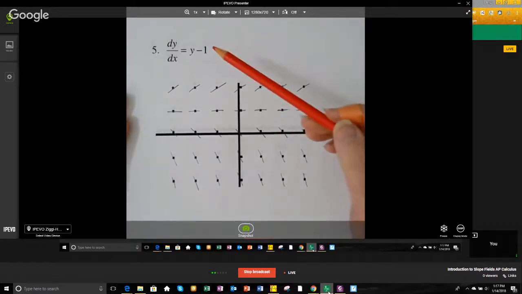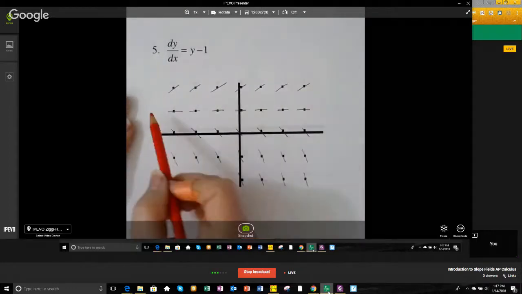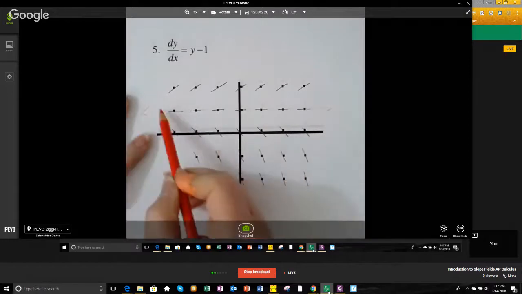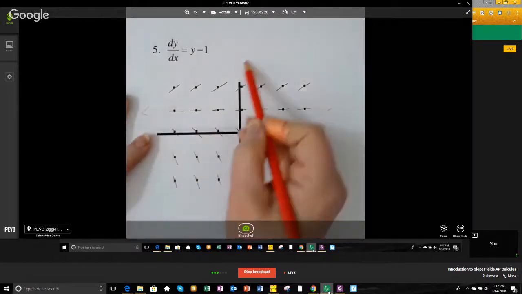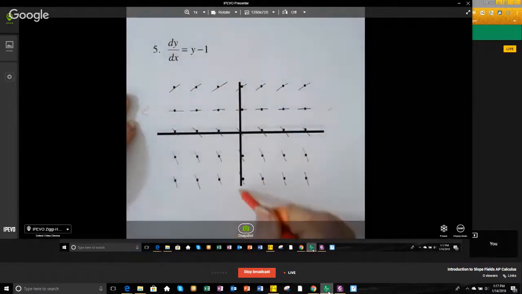This one too is a family of exponentials and has two different types of solutions. It's going to have the linear type, which is going to be y equals 1. And then y equals 1 becomes the asymptote for the positive exponential solution and the negative exponential solutions.